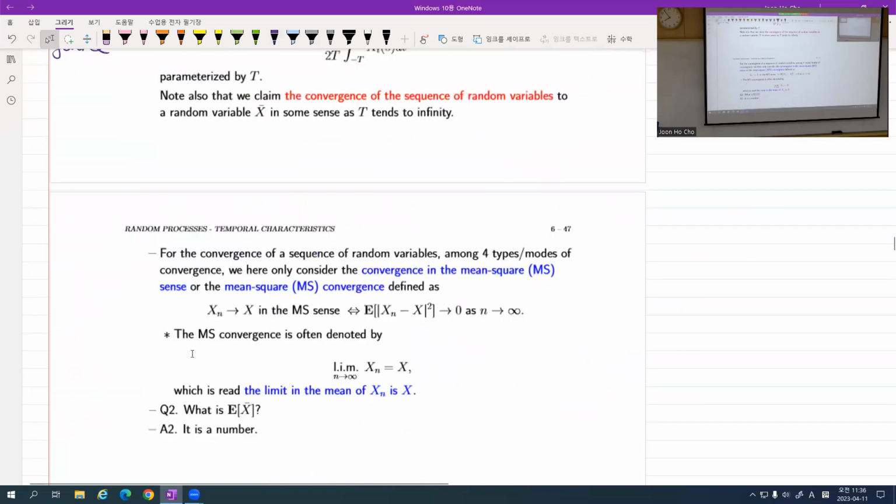Another one is that, what is a random variable, by the way? We already once talked about that. It's a function. So if you have a sequence of random variables, actually you have a sequence of functions. Now, have you been exposed to the convergence issue of a sequence of real functions?